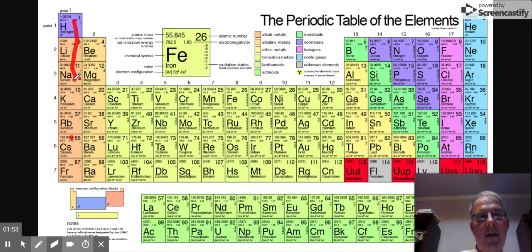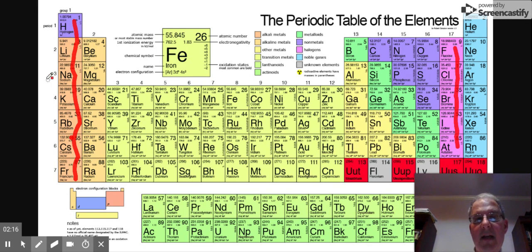In fact, they are all very, very reactive elements, because this column has one electron in its outer shell, and it wants to react. It wants to donate that electron to another atom so that it can have a full shell configuration like these on this far column.